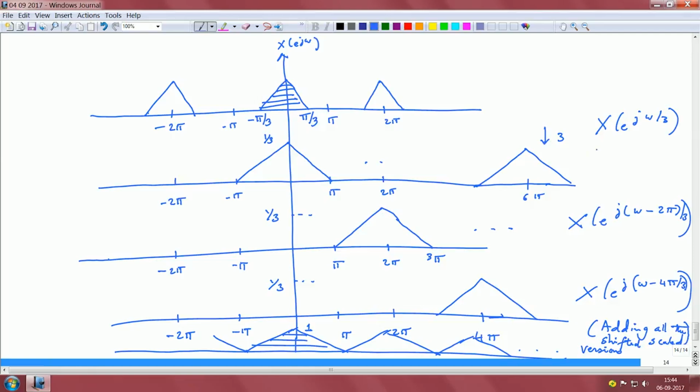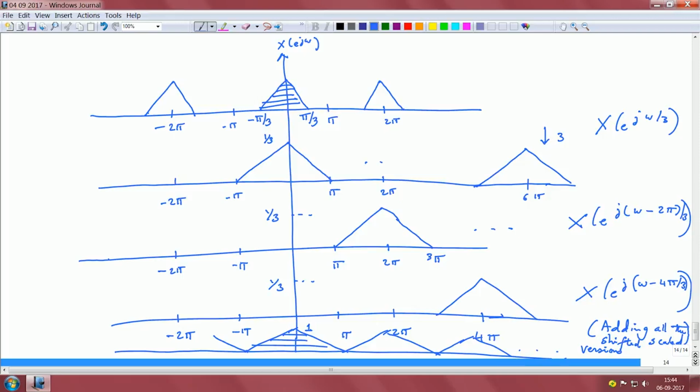So this is X(e^{j omega/3}), then you have translations of these at integer multiples of 2 pi, so it is 2 pi k, and you have 3 copies here. So you look at the spectrum of X(e^{j(omega - 2 pi)/3}), and then you look at X(e^{j(omega - 4 pi)/3}).